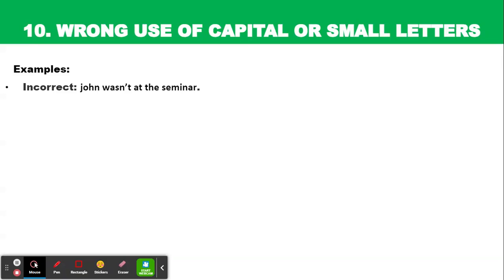Number 1, John is the beginning of the sentence, and whenever you write a sentence, the first word should begin with a capital letter. Number 2, John is a proper noun, and every proper noun must begin with a capital letter. So the correct thing is capital letter J. John wasn't at the seminar.